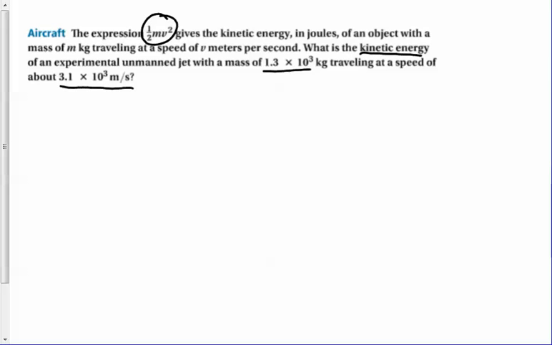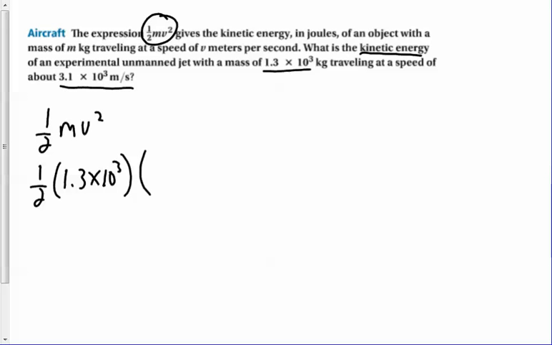So I have 1/2 mv squared. Now m is the mass. All right, so 1/2 the mass of 1.3 times 10 to the third, and then the v, which is the velocity.